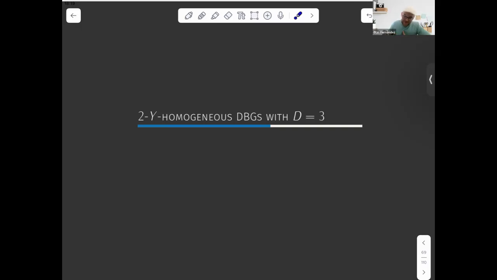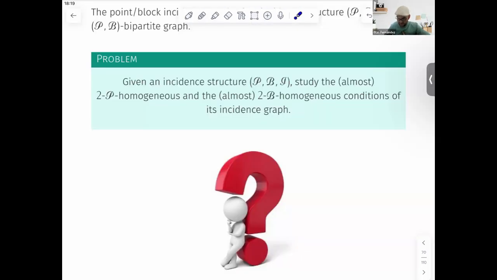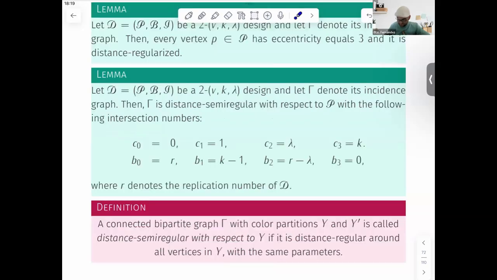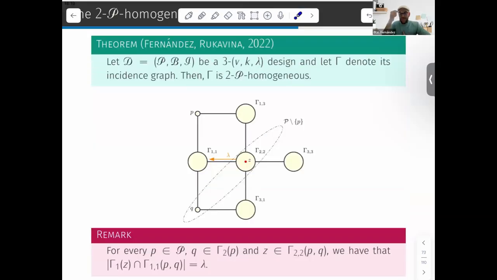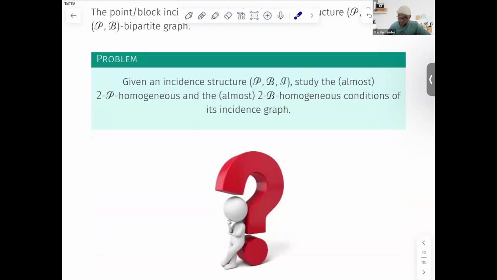We were able to make progress in classifying 2-homogeneous distance-biregular graphs where d is equal to 3 and d is equal to 4. I would like to mention this, but I will be very quick.